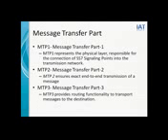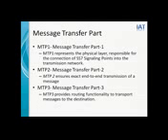Message Transfer Part has 3 parts here. MTP1 represents the physical layer, which is responsible for the connection of SS7 signaling points into the transmission network. This is actually the physical link that is established between 2 nodes.